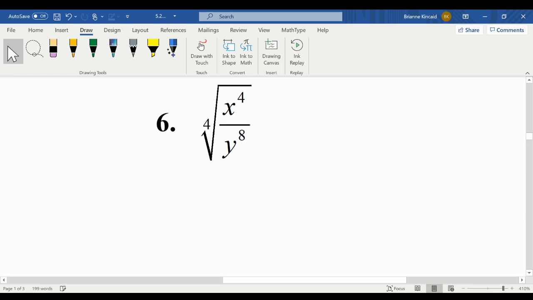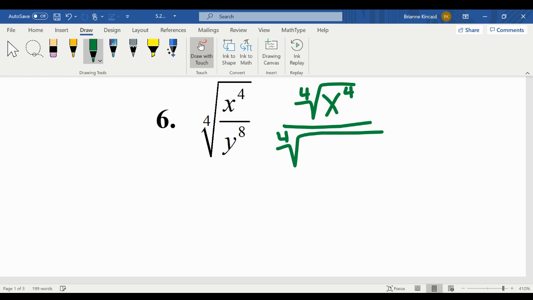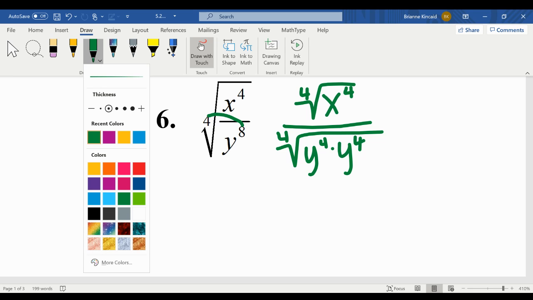We're going to do the same idea when we have division. So I'm going to write this as the 4th root of x to the 4th over the 4th root of, and then 4 goes into 8 2 times, so I can write y to the 4th twice. And then same idea, when your power matches your root, you get to bring it outside.